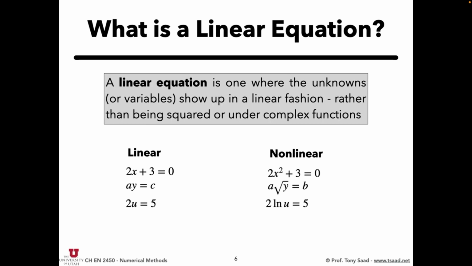Now let me ask you this. Suppose that we take this equation, a y equals c. The unknown is y, and a and c are parameters. What that means is they're input, brought in from measurements or from somewhere else. But this is the equation. In this equation, I'm solving for y.